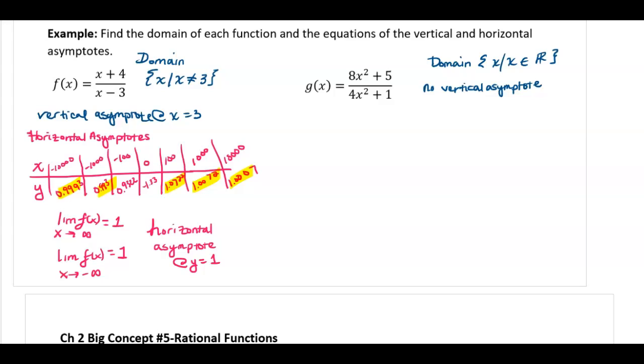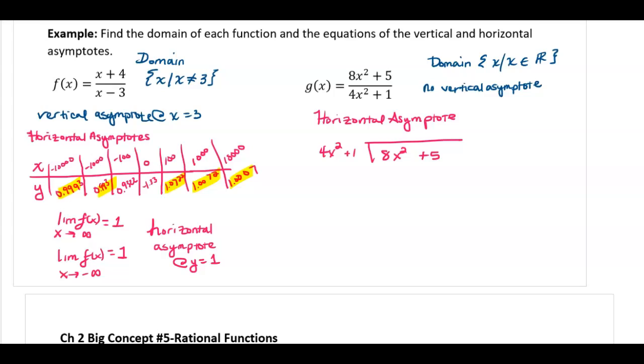So now let's go ahead and find our horizontal asymptote. We could guess and check, or we could use not synthetic division, we could use long division. My apologies, long division. So I'll take the 4x squared plus 1, and I'll have the 8x squared plus 5.